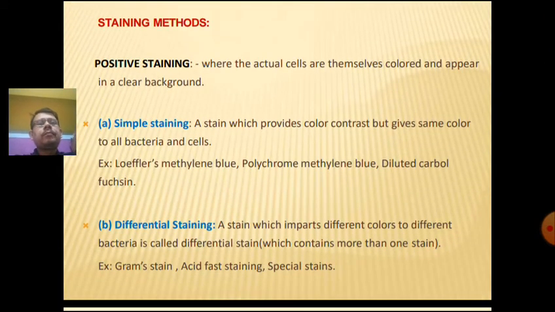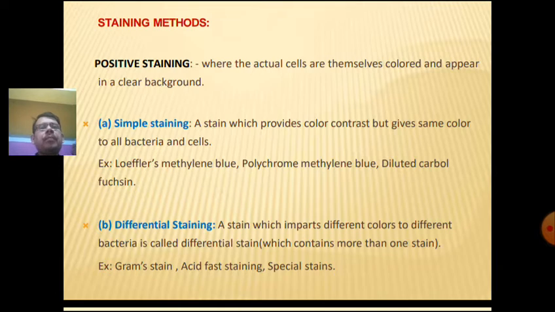Staining methods. There are different staining methods. One is positive staining, another is negative staining. Where the actual cells themselves are colored and appear on a clear background, that is called positive staining. Positive staining can again be classified into two groups: simple staining and differential staining.